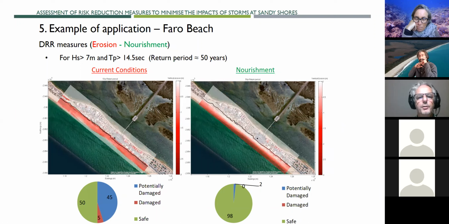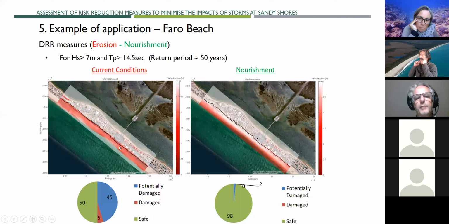Let's go to the erosion. So the other one was overwash. This one is erosion. On the erosion, what you see here in red is the areas where we have a strong vertical displacement. And the important part here is this black line. This black line is the contact between the infrastructures and the beach.